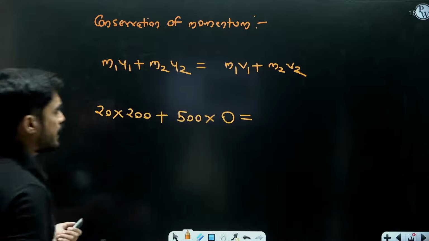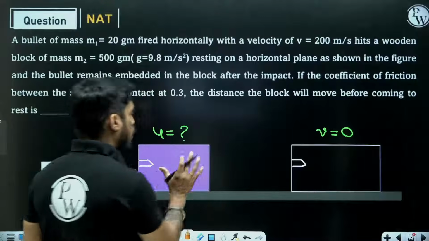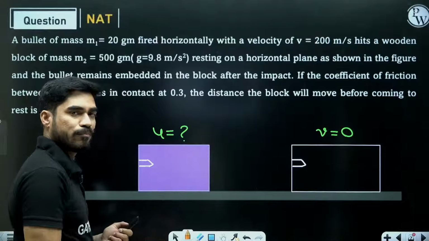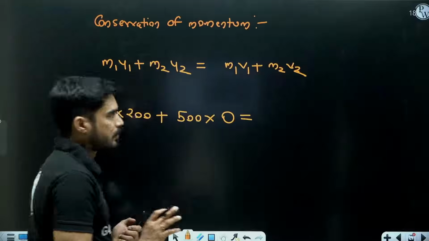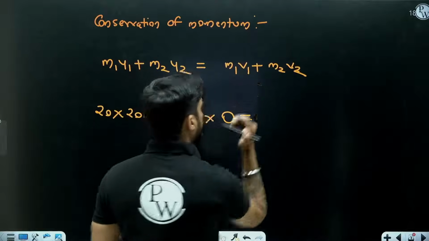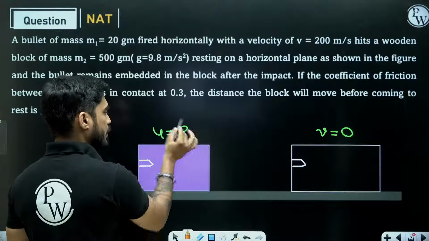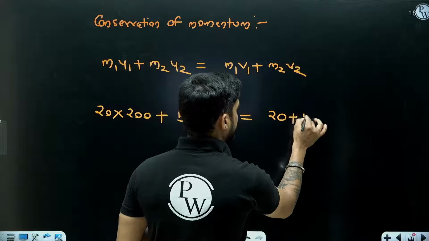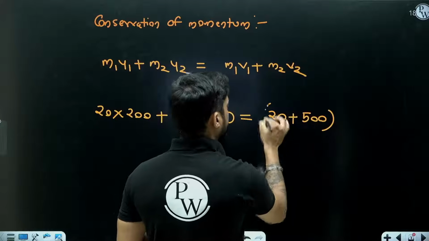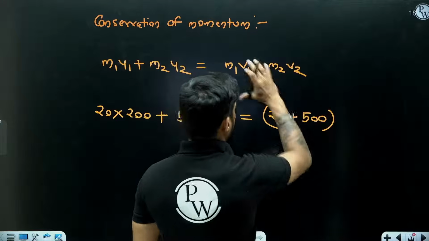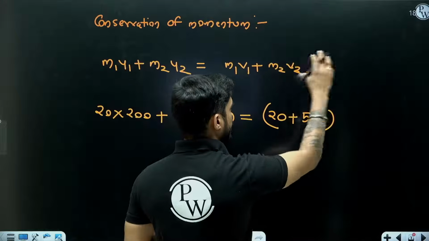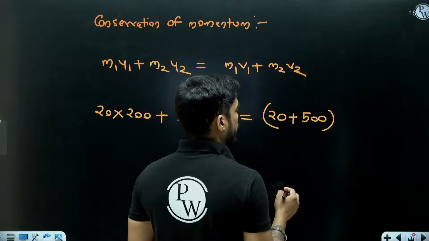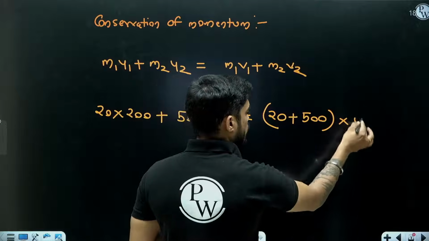Now finally both the bullet and block become a single body, means their velocity will become the same. So I can say that v1 and v2 both are u. I am considering this velocity to be u. So it will become 20 plus 500, m1 plus m2, since v1 and v2 are equal, common into u.